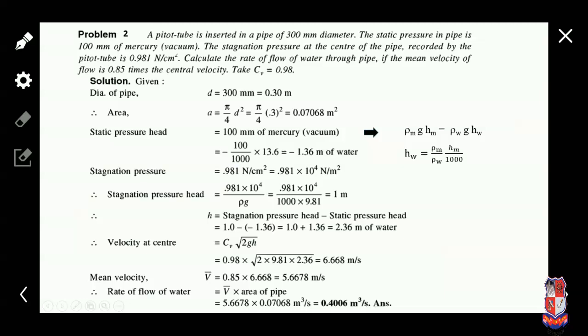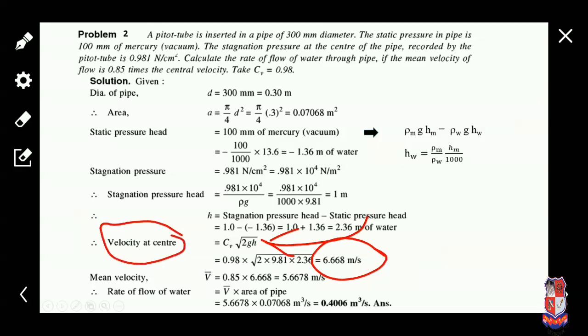And now we get the value of small h, which is 2.36 meters of water, and this value of small h is entered into the velocity equation, and we finally get the center velocity, 6.668 meters per second.